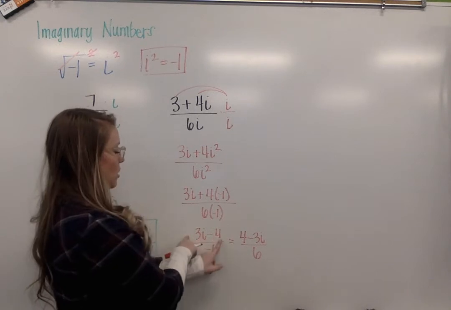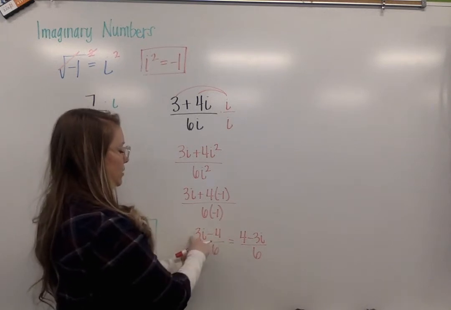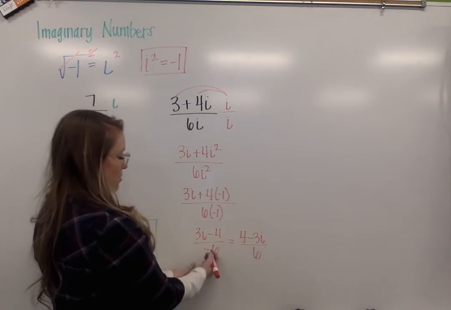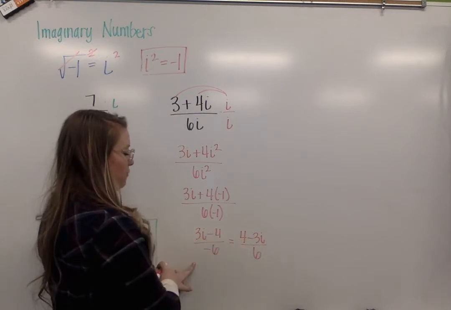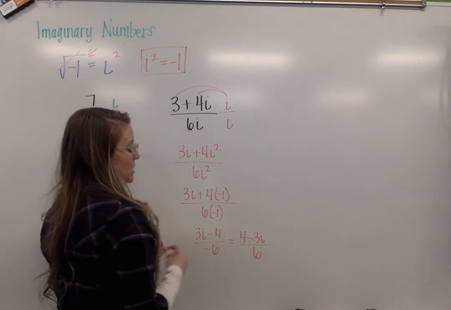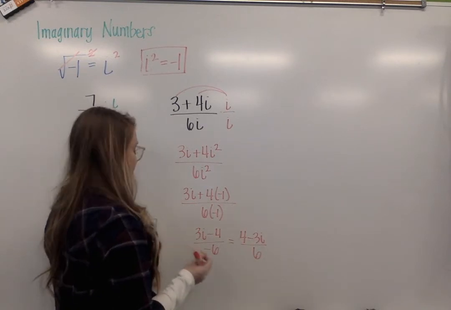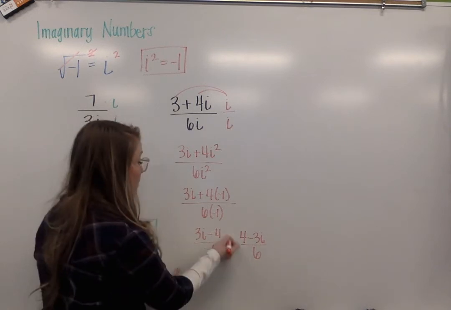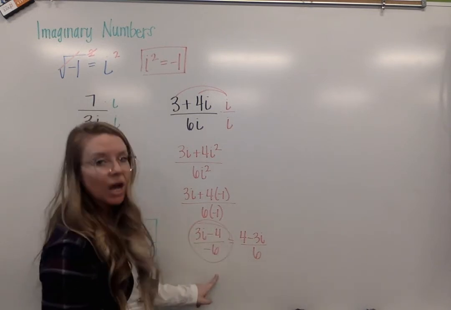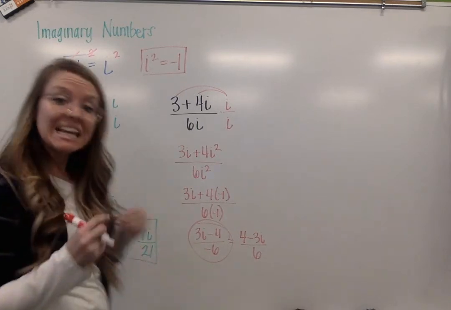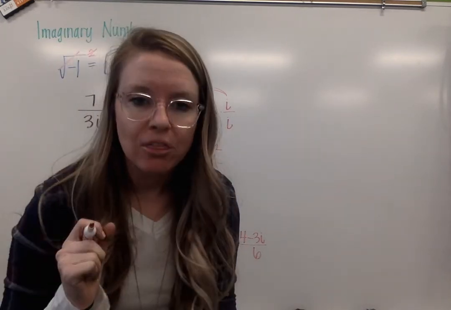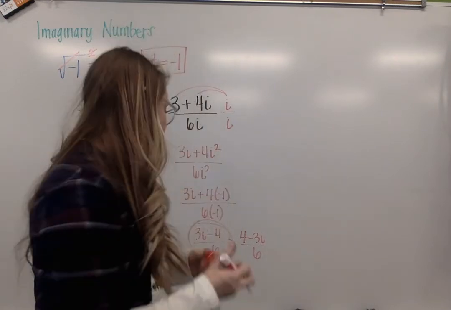I switched the order for my complex, real number first, and then I changed the signs because the negative 6 and the negative 4 are going to reduce, and it's going to make my negative 3i. If you've got questions about that, ask. If you leave it here, I'm not going to mark it wrong because it is correct. It's just not good math grammar, but you can do it.